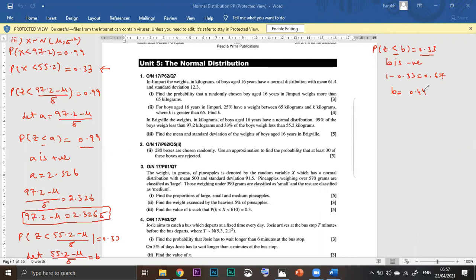Should it be minus? Yes, it should be negative. This one is the mistake.